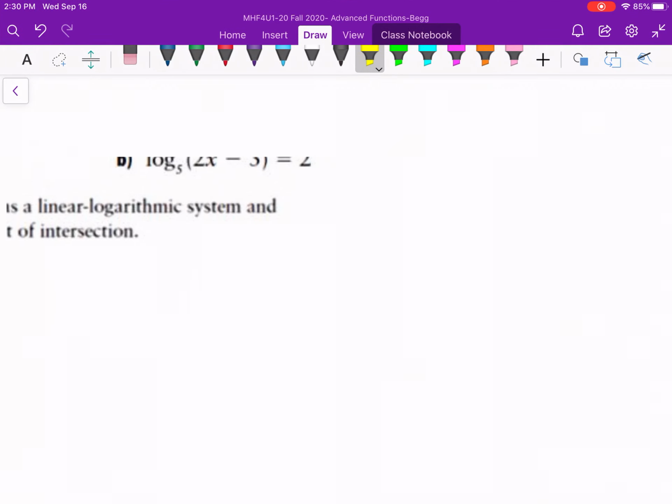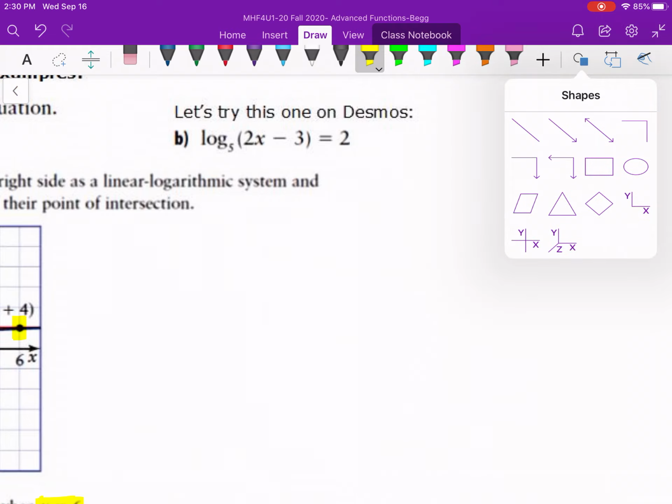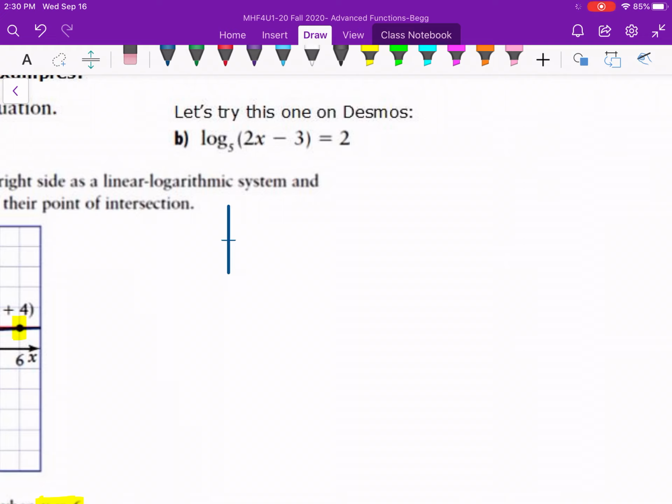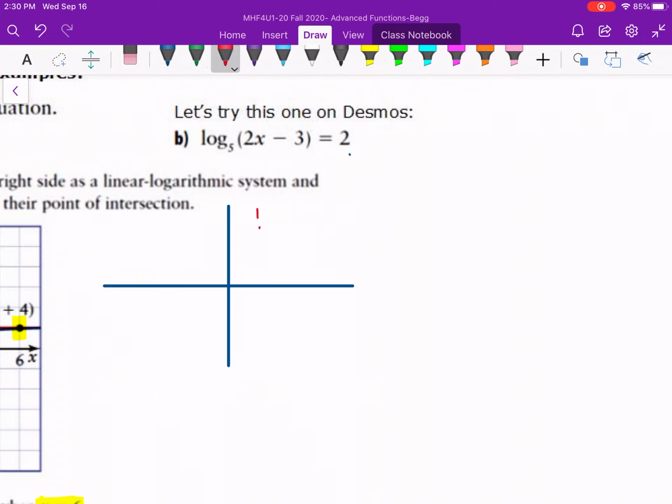Maybe just draw a quick little sketch of this just to illustrate. Okay, so we had that vertical asymptote at 1.5. I haven't put a scale on here, but let's assume that's 1.5. So 1, 2, so on.